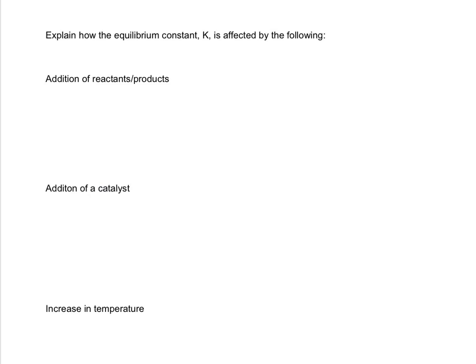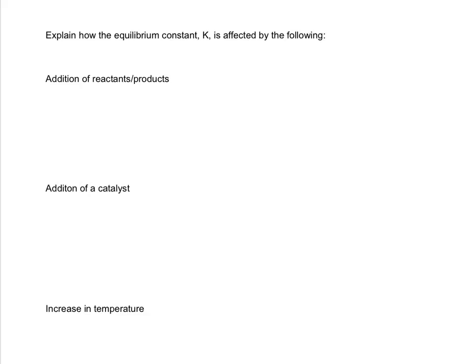Last bit of notes here looks at how the equilibrium constant, K or KEQ, is affected by different changes, or these stresses that we just talked about. So remember that the equilibrium constant is for a reversible reaction.